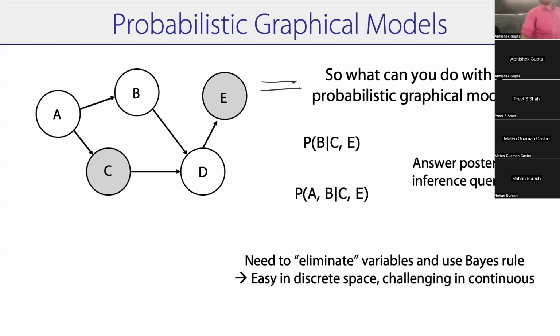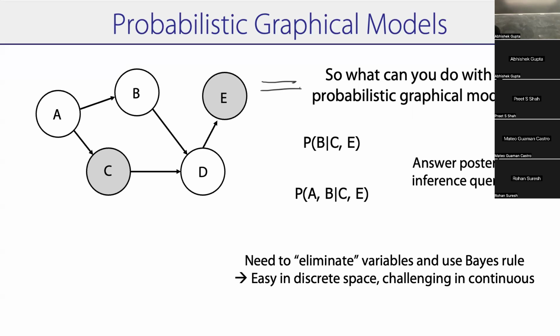And so the way that people do posterior inference in these kinds of models, when everything's tabular, is they use techniques called variable elimination, where you construct the joint and then eliminate out variables, right?